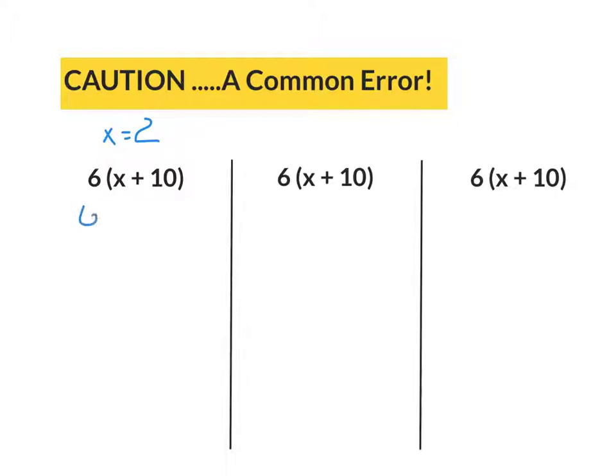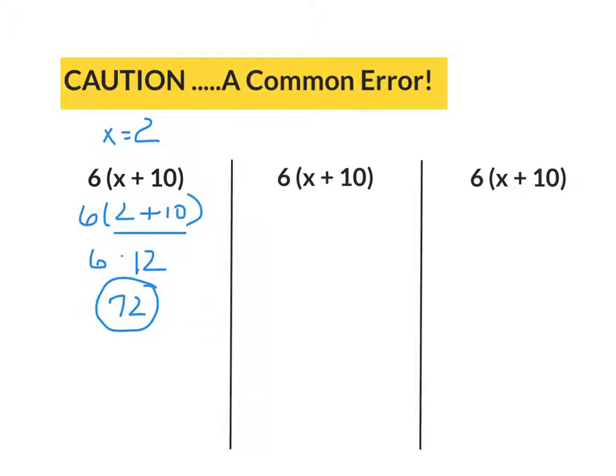That would be 6 times the quantity of 2 plus 10, and order of operations says do what's in parentheses first. So 2 plus 10 is 12, and 6 times 12 is 72. So my simplified expression when x is equal to 2 is 72.